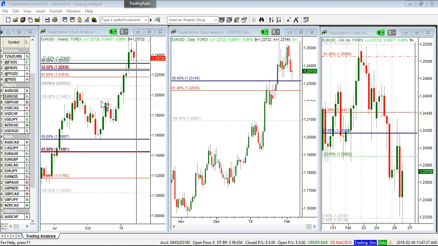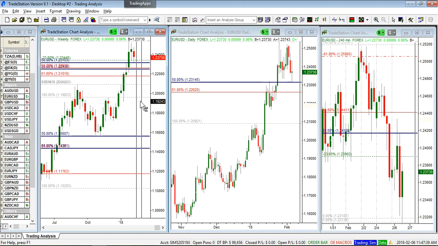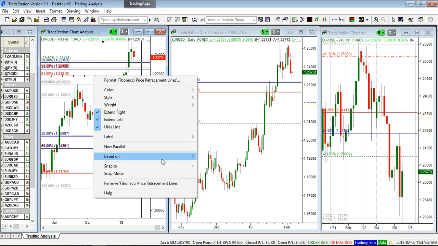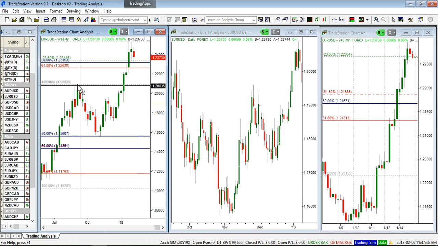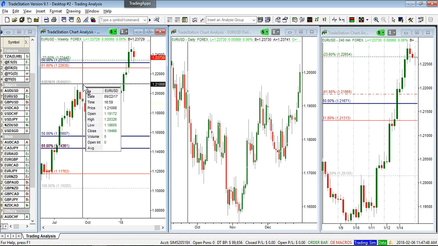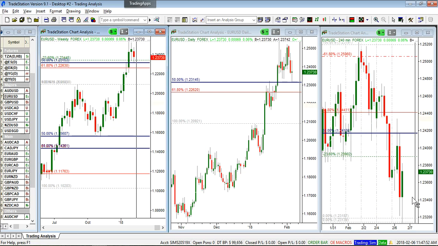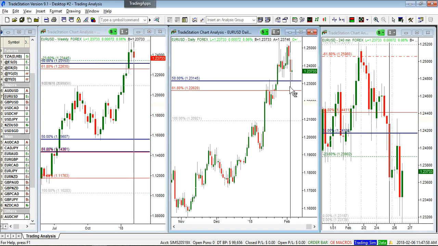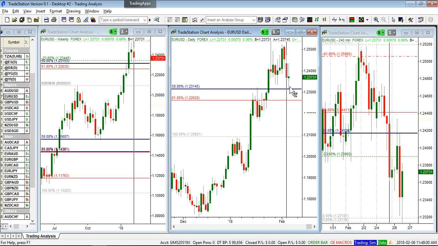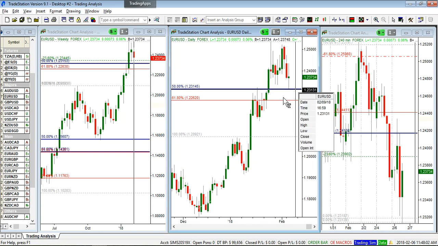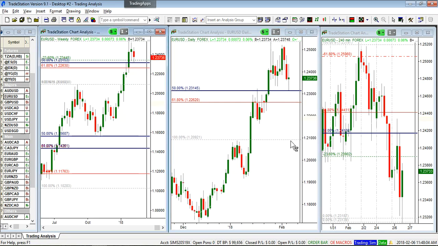The euro dollar is currently trading an extension long. This is an aggressive retrace from 120.90 to highs, and as you can see here, this market is having traction from this level, so this is pushing the price higher.